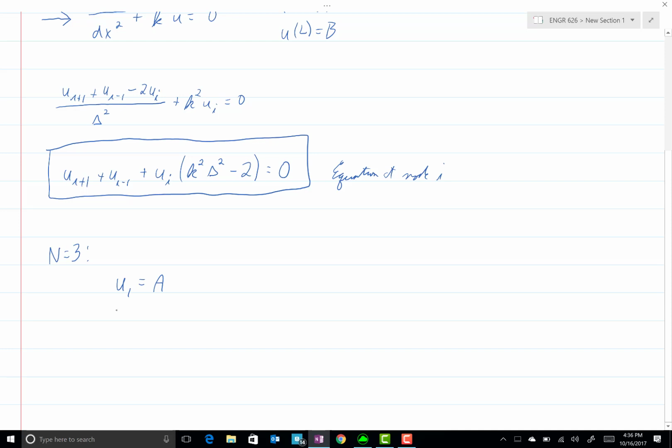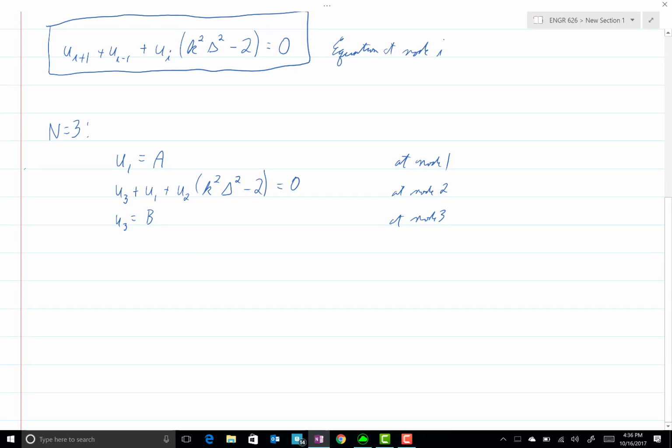For u2, we will have u3 plus u1 plus u2 times k squared delta squared minus 2 is equal to 0. So this is the equation we get at node 2. And then at node 3, that's another boundary node, so we would have u3 is equal to b.